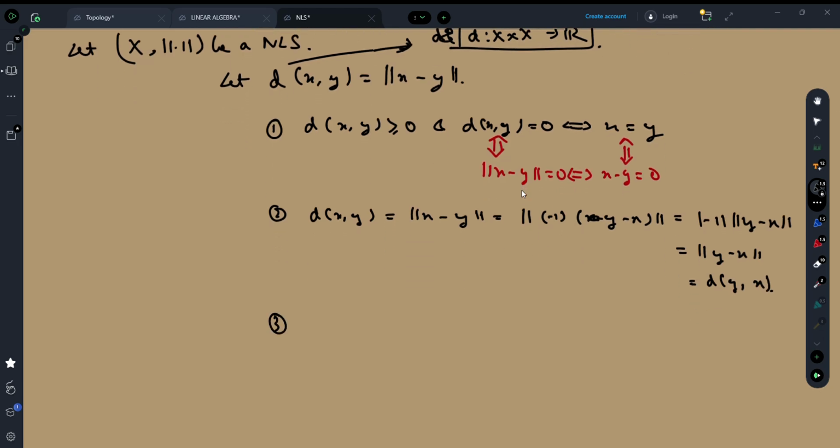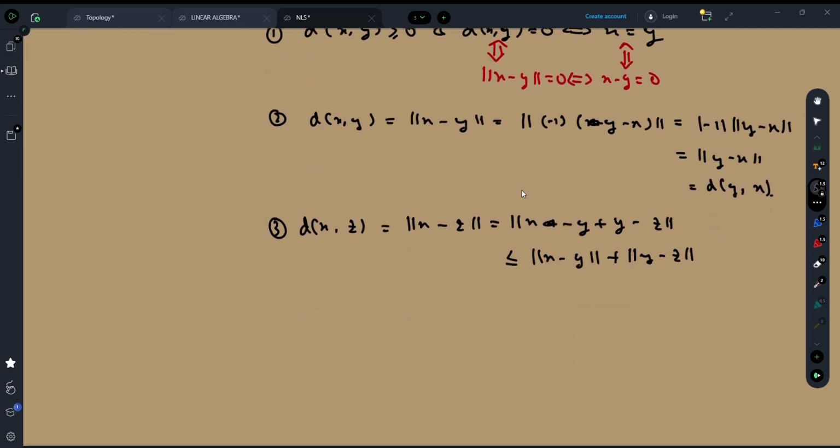And let's check property number 3. d of x, z is norm of x minus z. x minus z can be written as norm of x minus y plus y minus z. Using the triangle inequality, you can write it as less than or equal to norm of x minus y plus norm of y minus z. What is norm of x minus y? By definition, it's d of x, y, and the other is d of y, z.